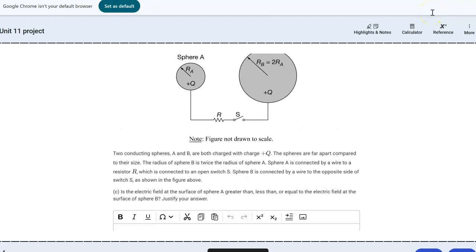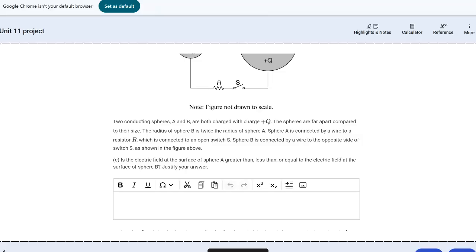Now we get to the electric field. Well, this is pretty easy, as we can just use our electric field equation.